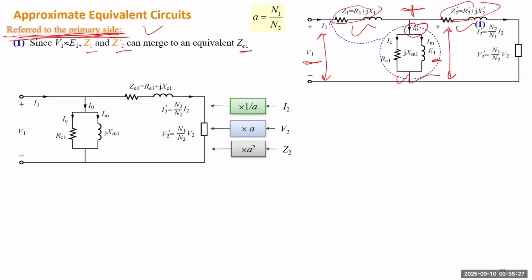On this circuit, everything is transformed from the secondary winding. Because this Z represents total impedance, it's a sum of the impedance from the primary side and another from the secondary side. For the primary side, that will be the same, that's the original value. For the secondary side, that has to be transformed using this transformation.